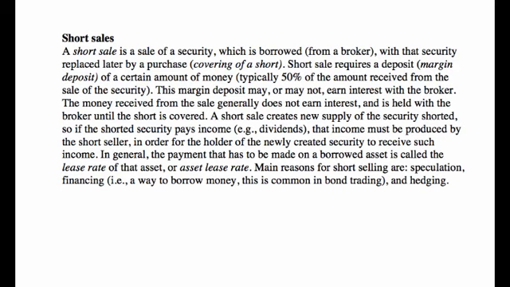In general, the payment that has to be made on a borrowed asset is called the lease rate of that asset, or asset lease rate. And why do people do short selling? Well, speculation most of the time. And there is a special purpose in some bond trading transactions by bond dealers where they use this for financing of some transactions, and hedging, meaning managing the risk that you have.